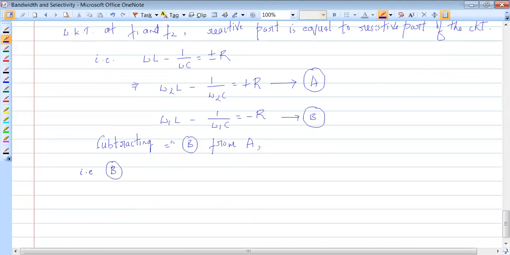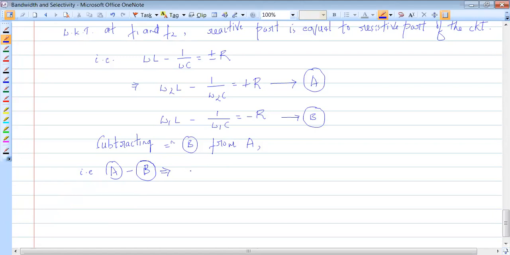Sorry, it's not B, it's A minus B, subtracting B from A. Understand that? What does this imply?